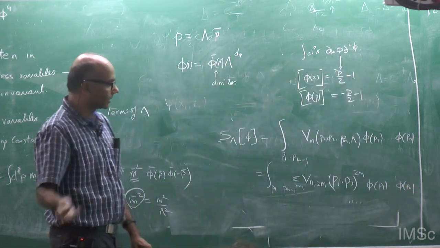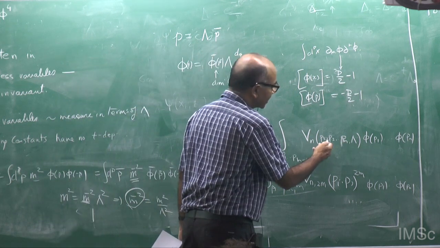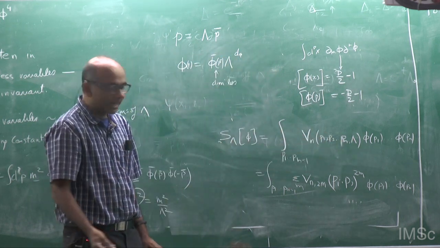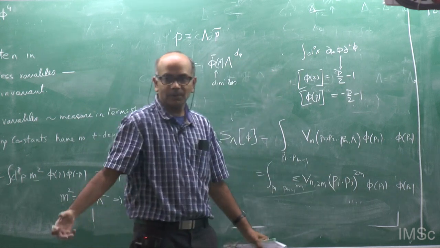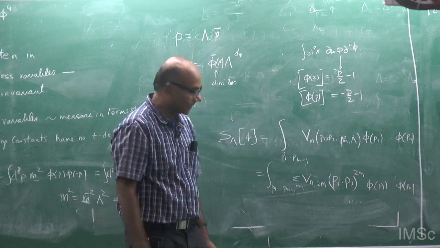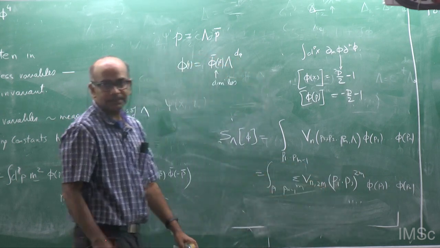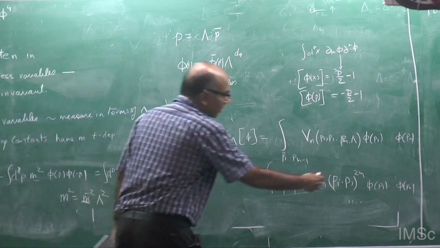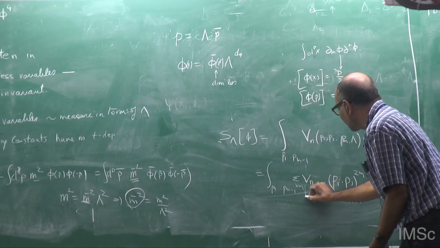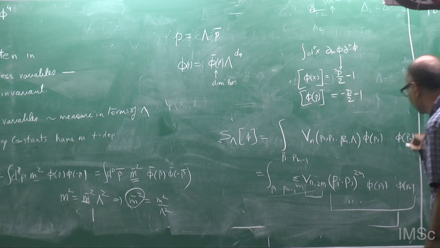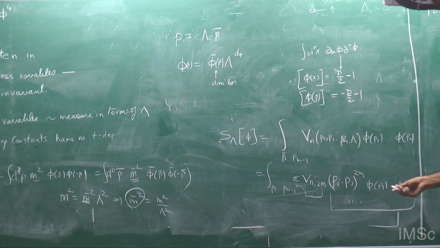So this is just very schematic. I'm saying that these couplings in general will have some momentum dependence, and I'm just schematically indicating it by saying, assuming it's a scalar theory, it's a dot product of 2 momenta to some power, and the coefficient of that I'm calling Vn, comma 2m, and of course you have to sum over all such terms. So generically, these are the pure numbers, and these are the objects that have dimensions. So this will have dimensions to compensate all that in such a way that the whole thing is dimensionless. This entire integral is a part of the action, so it has to be dimensionless.